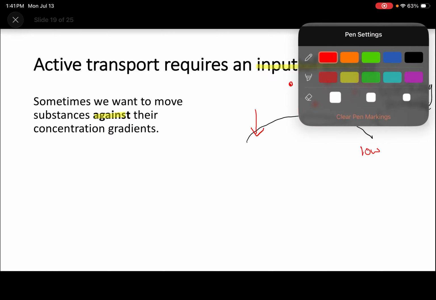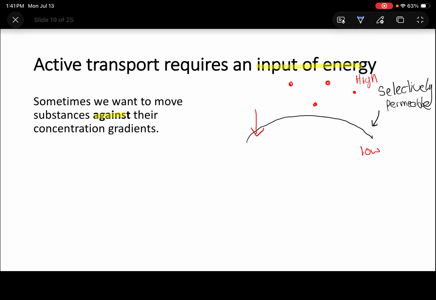However, sometimes we want to move things against their concentration gradient. So let's use an example here. Let's use a blue molecule, okay? And let's imagine that it's really concentrated on the inside of the cell compared to the outside of the cell. So traditionally, that molecule would want to move from high to low, so it would want to move outside of the cell.